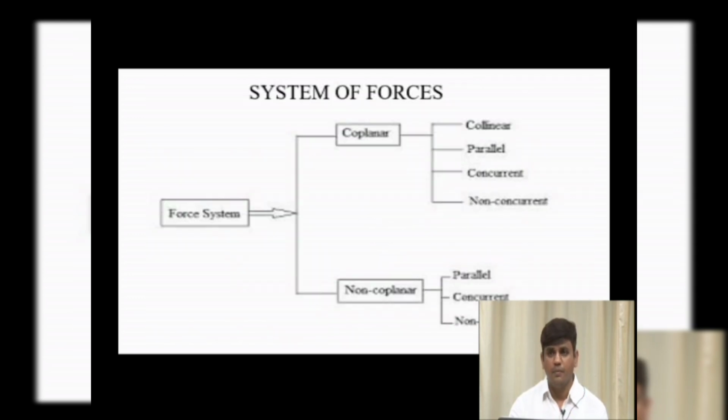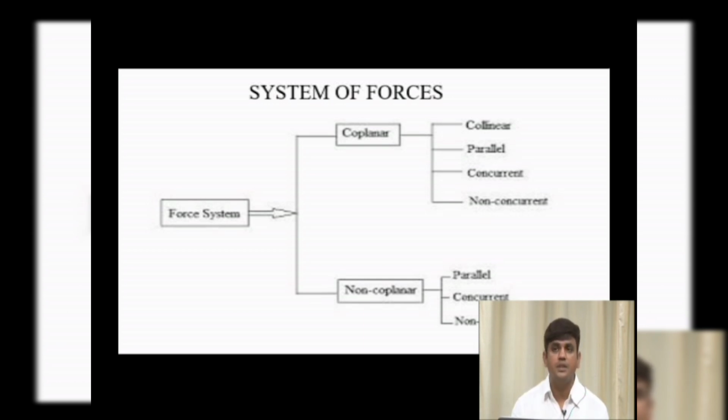Now we have studied what a force is. It's a push or a pull which causes the motion of a body, and we have studied the characteristics of a force: magnitude, direction, line of action, and point of application.